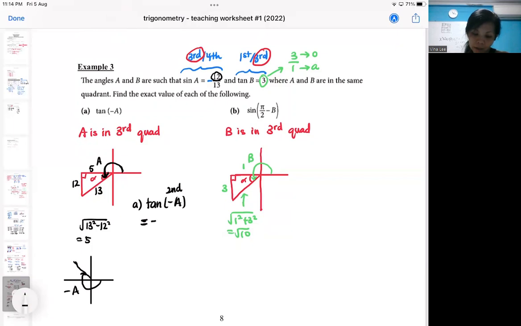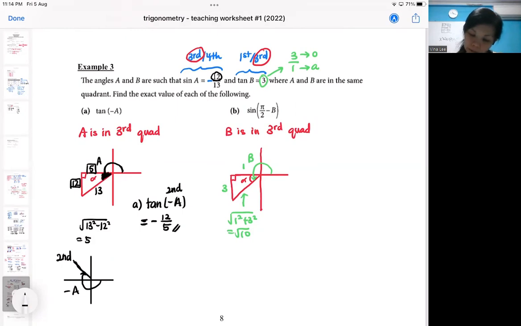So I will get negative O over A, so negative 12/5. So A is in the third quadrant, but if I do a minus A, that means I swing the angle in the opposite direction. I hit the second quadrant. Tangent in the second quadrant is negative. You get your OAH from the alpha here. The alpha here will tell you the OAH.